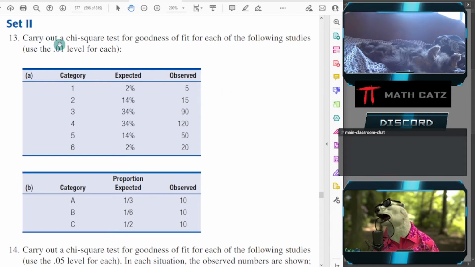Carry out a chi-square test for goodness of fit for each of the following studies, and we'll just do the first one. So they don't tell us the whole story, just to keep things nice and simple.